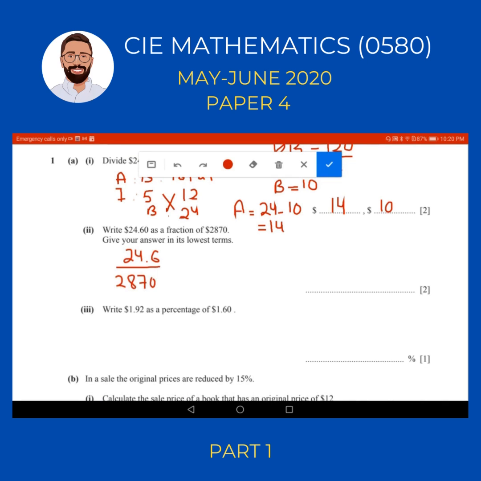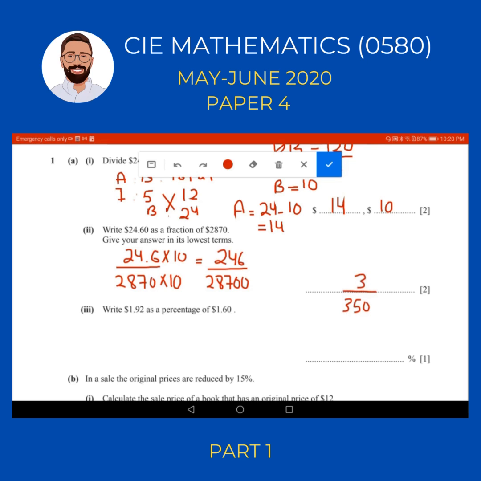Now to get rid of the decimal point, I will multiply the numerator times 10, and of course the denominator times 10. So the answer is 246 over 28,700. Now if you put this fraction on the calculator, it will give you a fraction which is equal to 3 over 350.